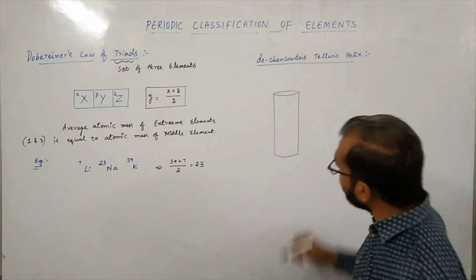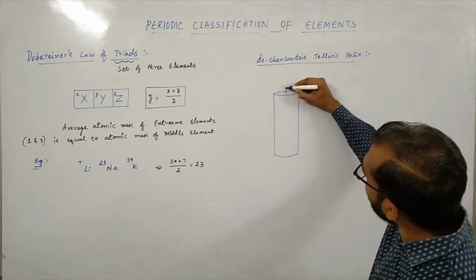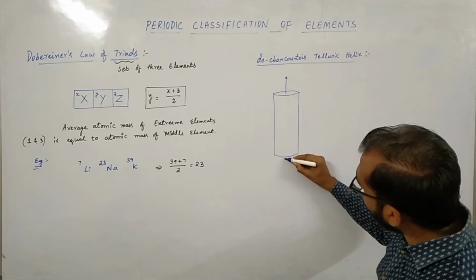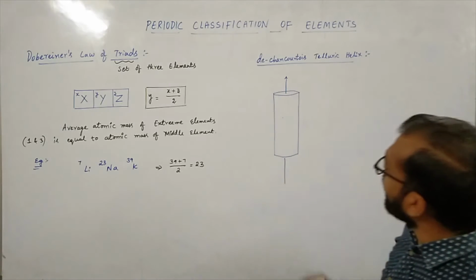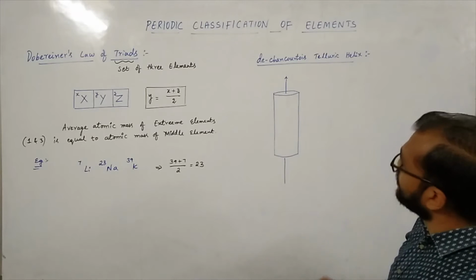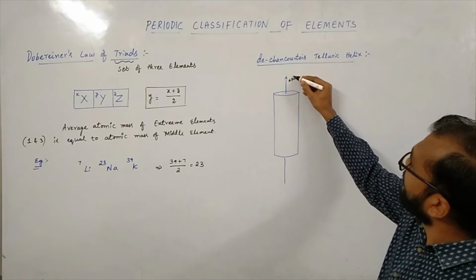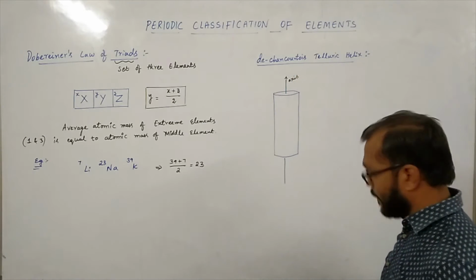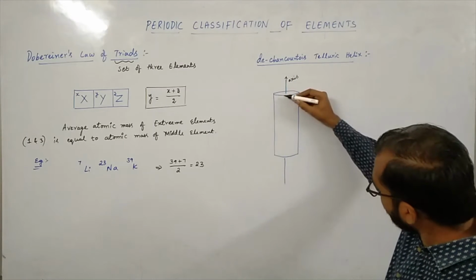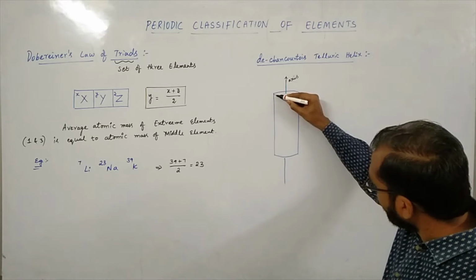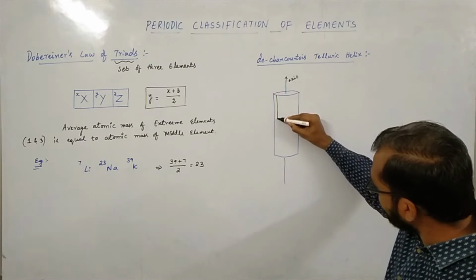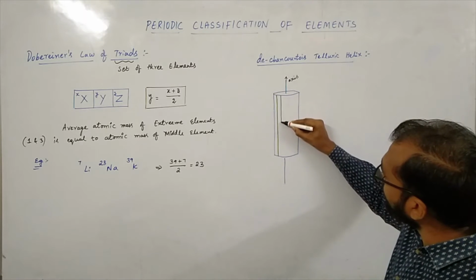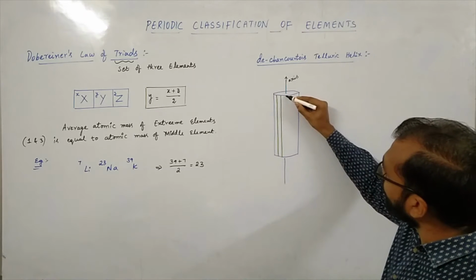I am assuming this as the axis of the cylinder, passing through the midpoint of it. On the surface of the cylinder, he made 16 vertical lines.